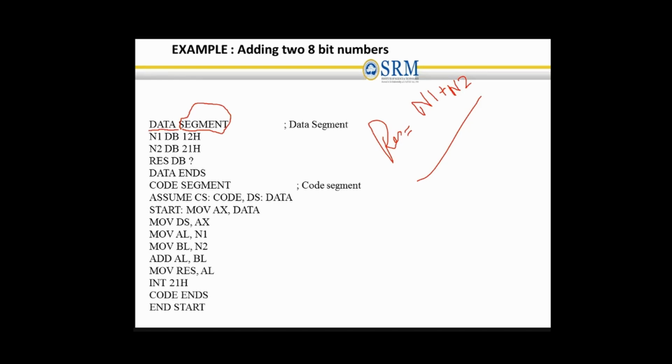What is an assembler directive? You are telling the assembler that this is not any operation. You are telling the assembler that you are going to create a segment, and the name of the segment is data.